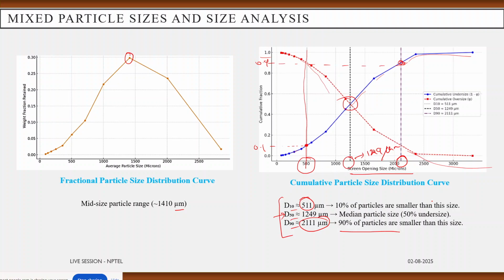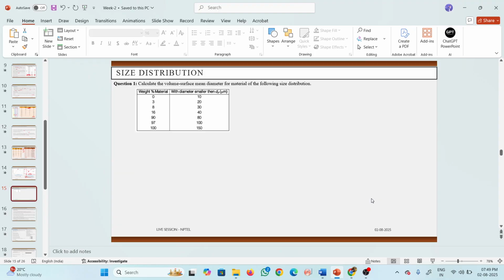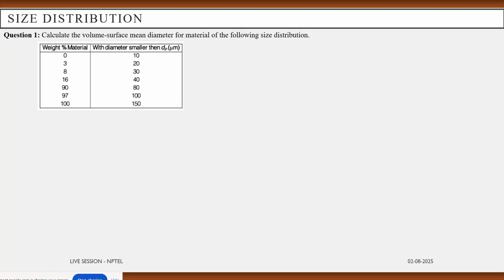The question is to calculate the volume surface mean diameter for the material, and the size distribution table is represented here. It will be nice if you remember the formula for volume surface mean diameter that we discussed in the class today.